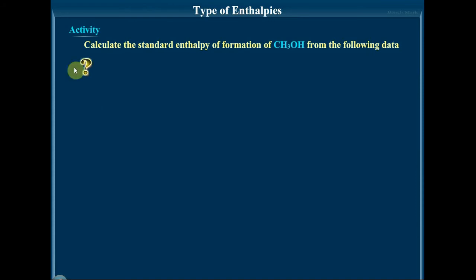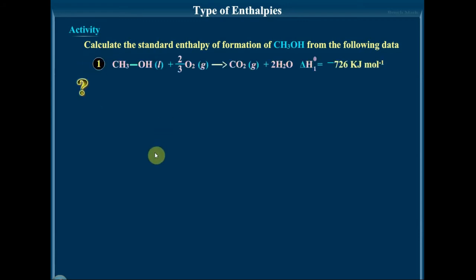So how can we do this? Repeating the question once again: calculate the standard enthalpy of formation of CH3OH when the following data is given. The first equation given is CH3OH in the liquid state plus 3/2 O2 gives carbon dioxide plus 2 H2O. The enthalpy of this reaction is given as minus 726 kilojoules per mole.